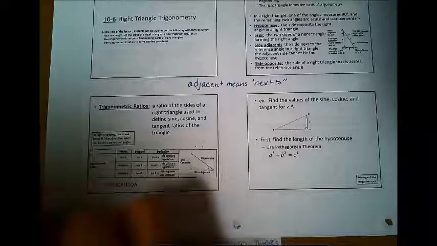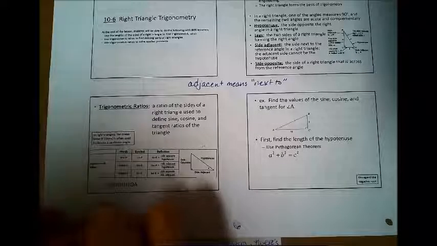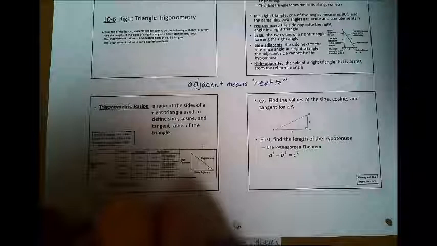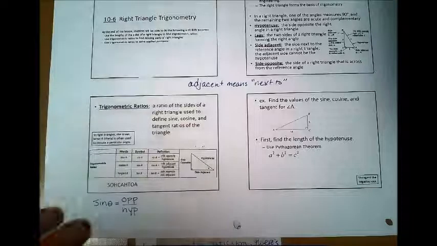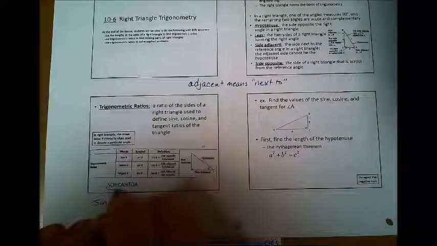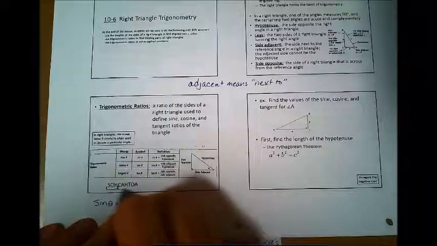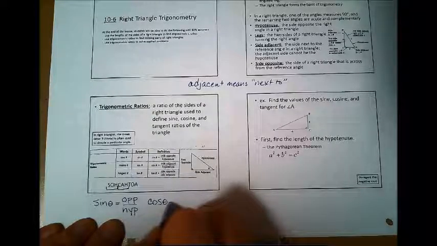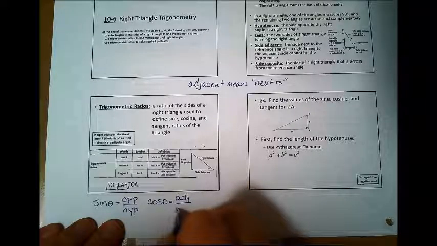We have sine of theta, which equals the opposite over the hypotenuse. That's the SOH part. Then we have the CAH part, which is the cosine of theta, equals the adjacent over the hypotenuse.